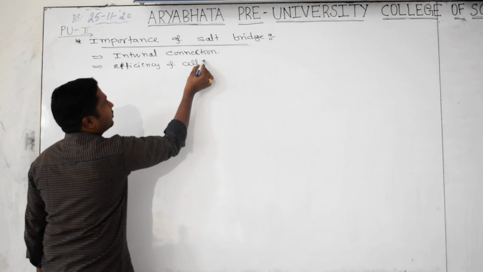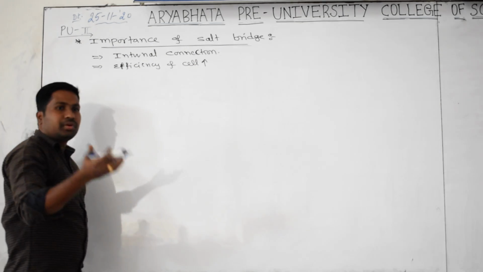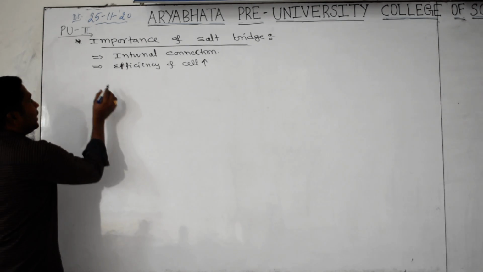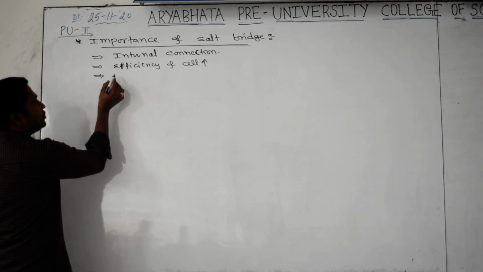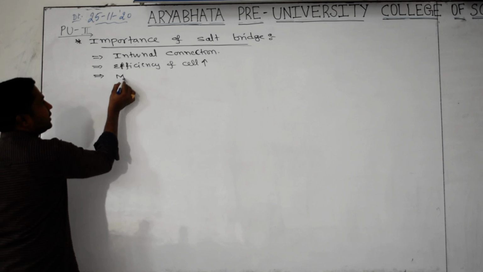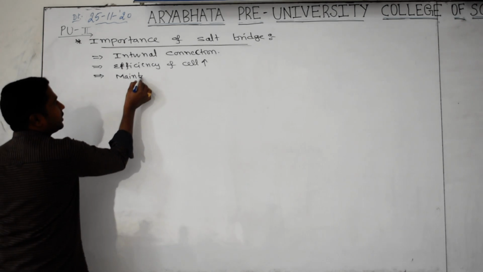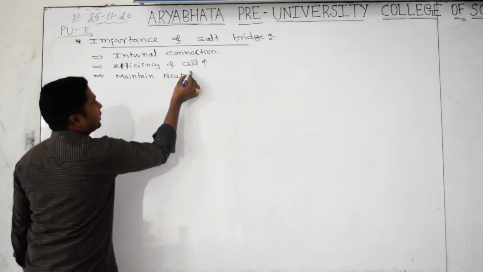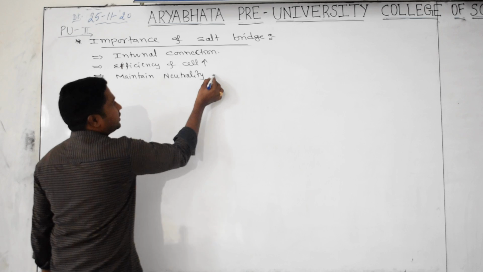What is the meaning of efficiency of the cell? Power generation from the cell will be increased by using the salt bridge. And one more important thing, it is useful to maintain neutrality in the cell.